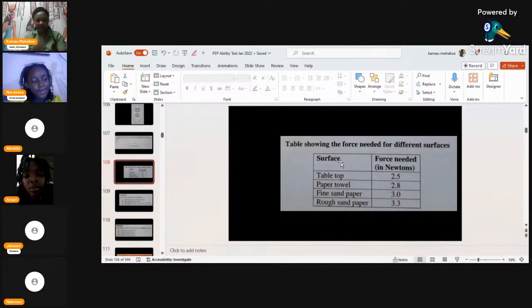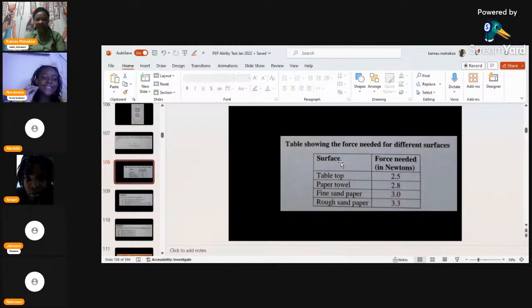Of course, the force is measured in newtons. A regular tabletop requires 2.5 newtons. Paper towel, 2.8 newtons. Fine sandpaper. Do you know what sandpaper is?